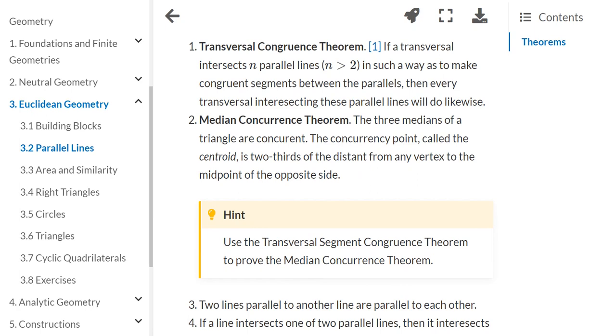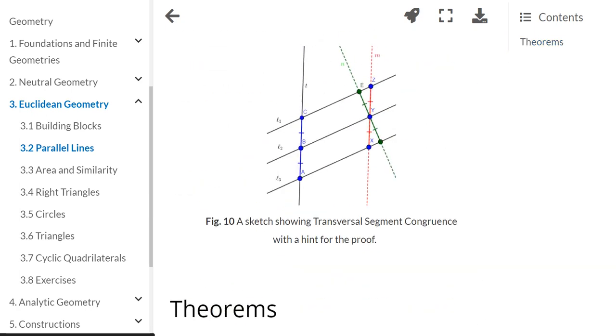Okay? Am I going to ask you to prove that? No, it's not terribly hard. You kind of see the proof here. You create a perpendicular. Why do you need a perpendicular? Well, you want a perpendicular so that you can get these angles congruent. That's one way to go about it.